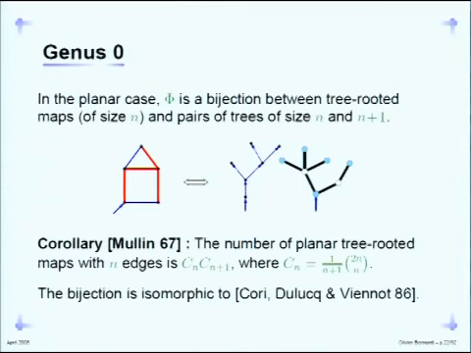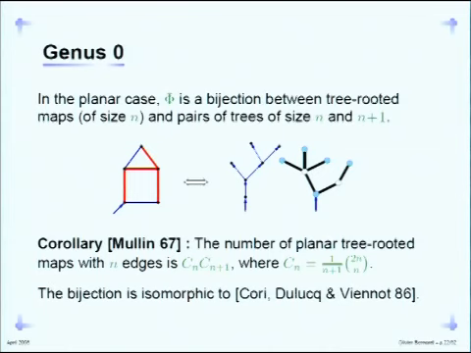So now some special case when you are in genus 0 and the planar case. This gives a bijection between tree-rooted maps and pairs made of a tree and another tree of size n+1. So this explains the formula of Mullin.